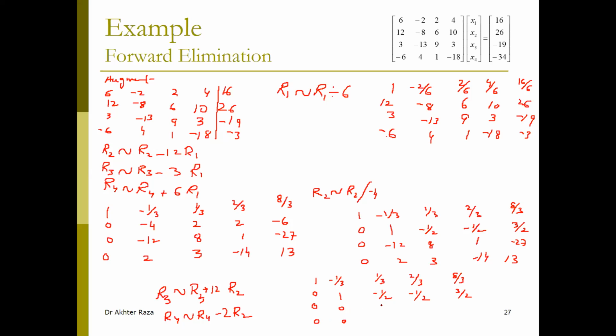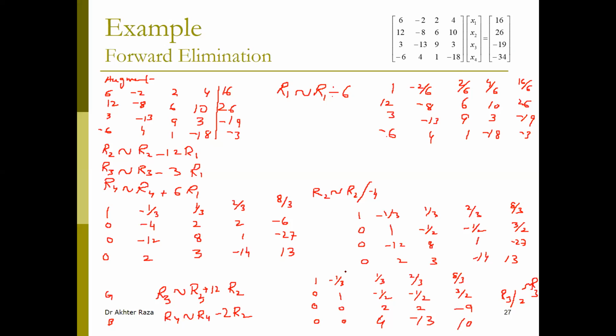Here we have to calculate the numbers. So these numbers are to be calculated by these two equations. So similarly, the girls can calculate the row number 3, and boys can calculate the row number 4. I am pausing the recording and giving you the time to calculate.